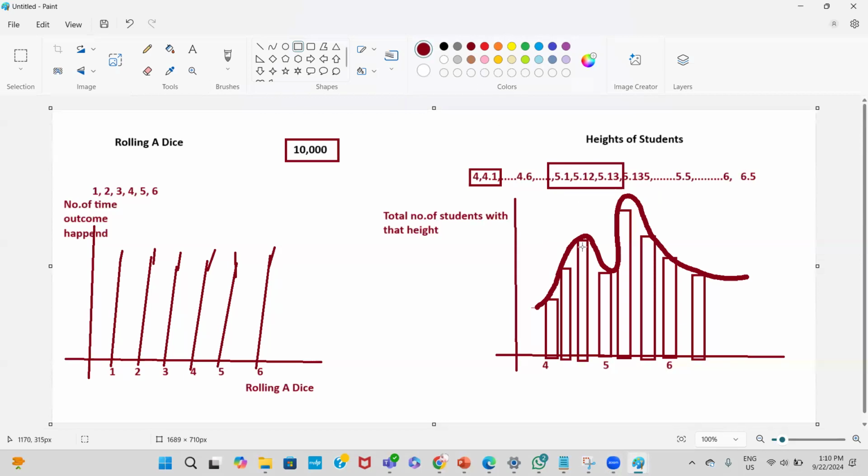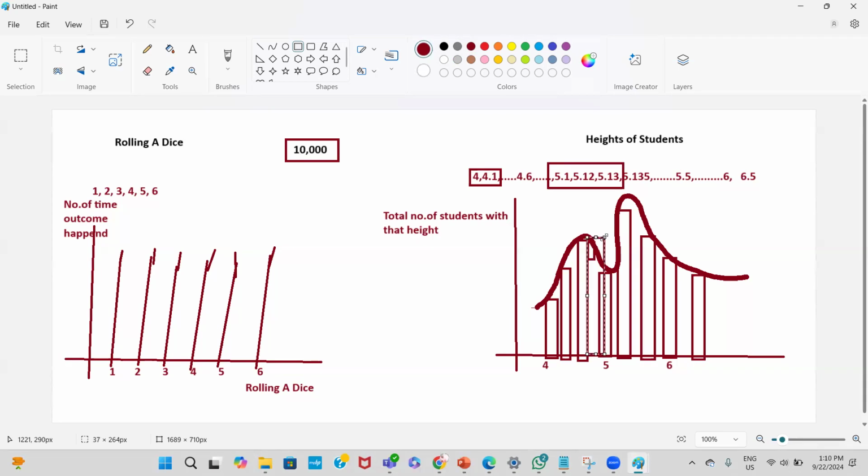If I make the bin sizes a little smaller, you can actually look at this continuous graph. If I draw another small set of bins here, what happens?